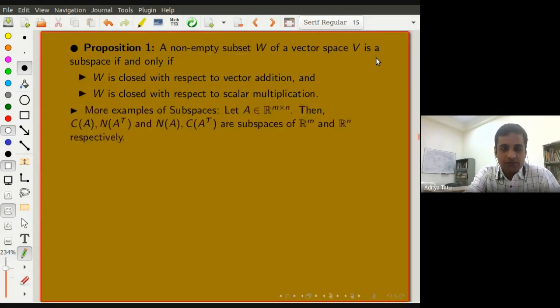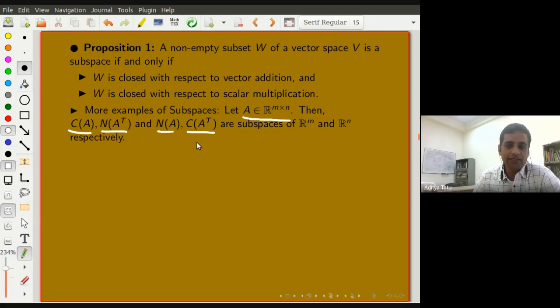These are the only two things that one has to check. I will stop after giving this one example. In case you remember the first module of linear algebra, we took any arbitrary matrix of size m cross n, and we looked at 4 specific subsets related to the matrix A: the column space, the left null space, the null space, and the row space. We proved certain properties that all these 4 subsets satisfy. Do you remember any of those properties?